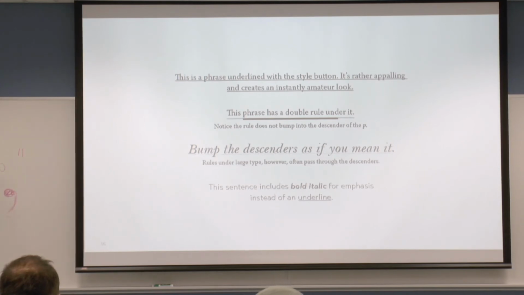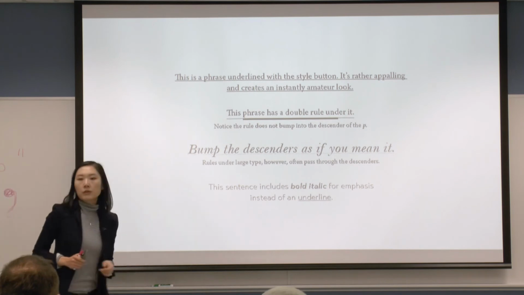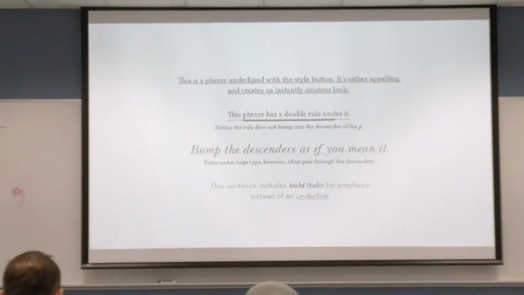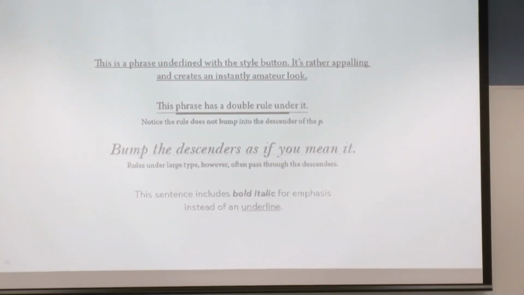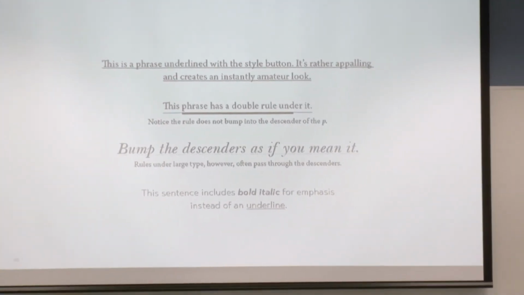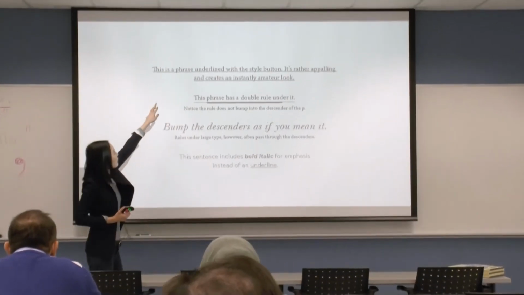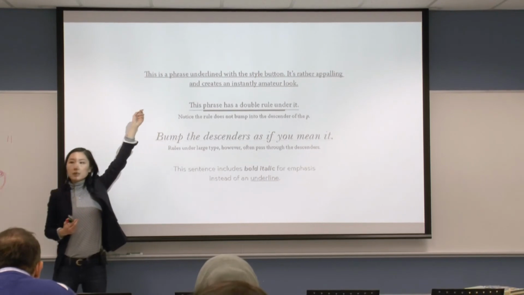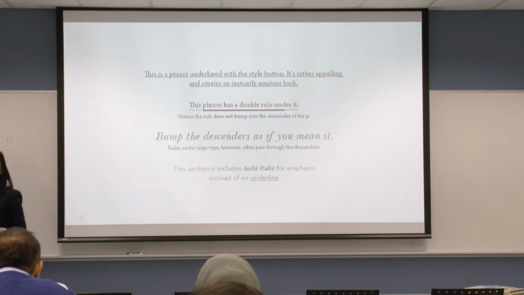Microsoft Word is sometimes at fault for this. If you look at the first one, sometimes if I just press the underline, the software, if it's not professional design software, just sticks the line under, in terms of where the descender for my P is. You see where the bottom of the P and the line are kind of getting squished.